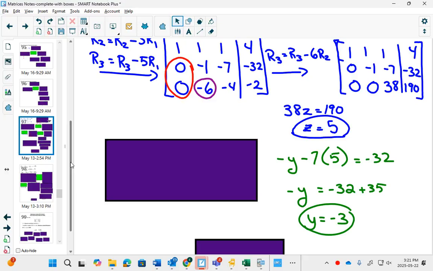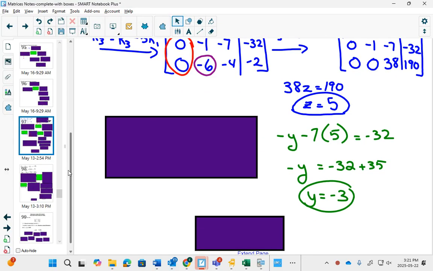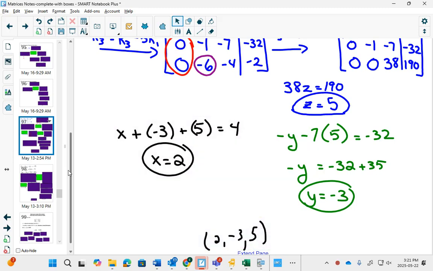And once I've got z and I've got y, I know that x plus y plus z has to equal 4. So x is 2. And I can write my solution as a coordinate point in 3 dimensions if you wanted. 2, negative 3, 5, or you could just circle x is 2, y is negative 3, and z is 5.